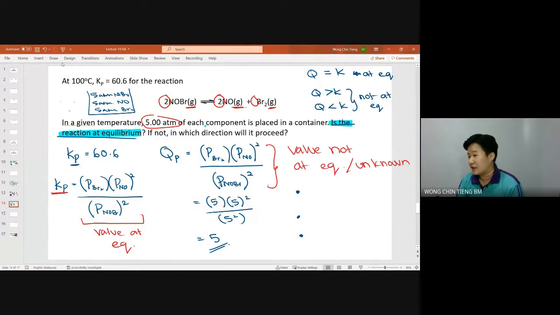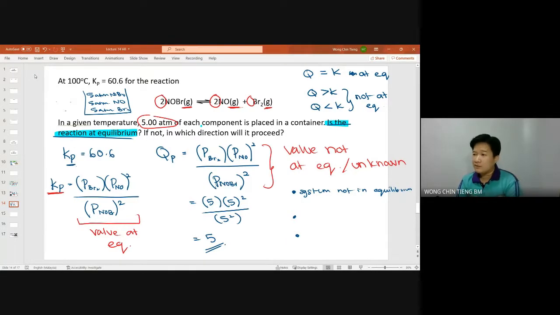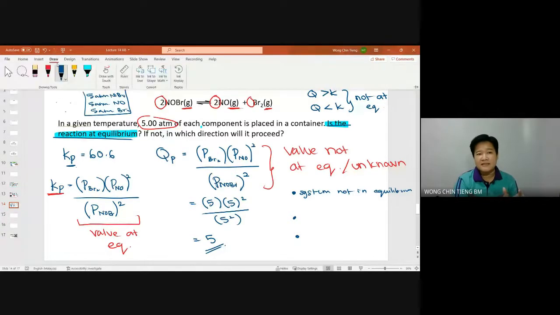Dalam mimpi pun tak. Okay? So, first sentence, definitely, system not in equilibrium. Itu mesti pilihan pertama lah. Betul.